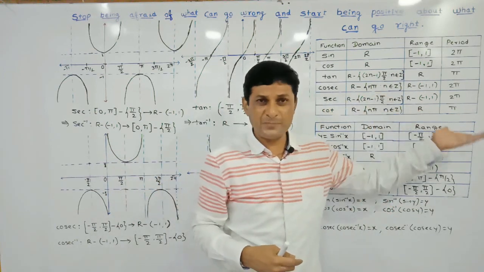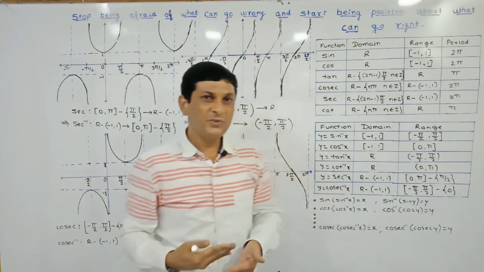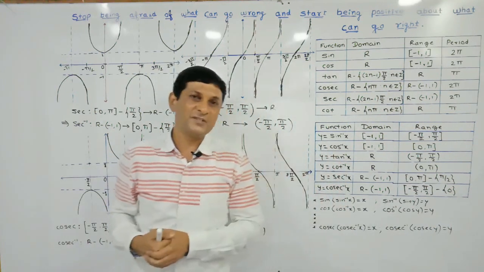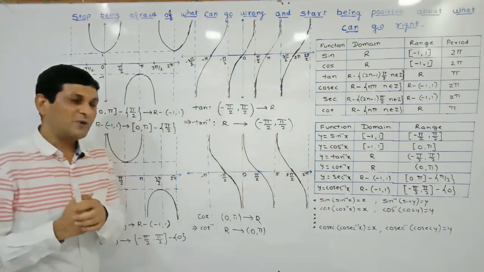And its period is also 2 pi. Now we are finding such an interval in which this function will become one-one onto.